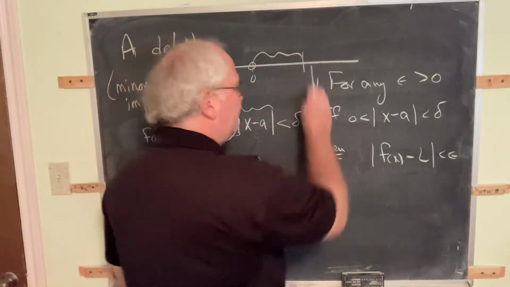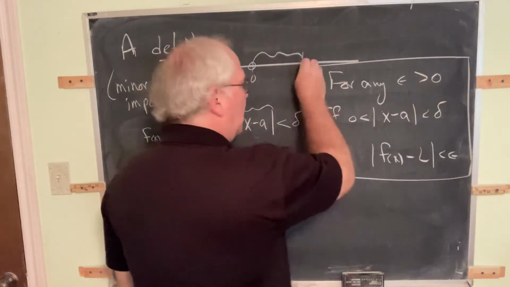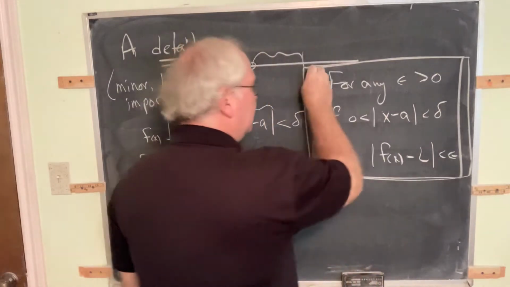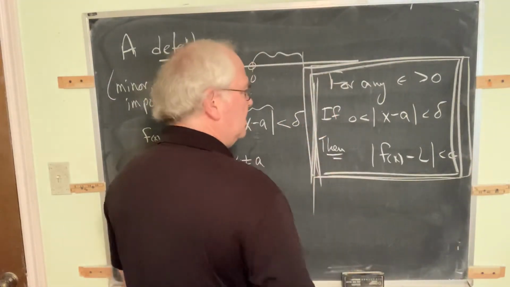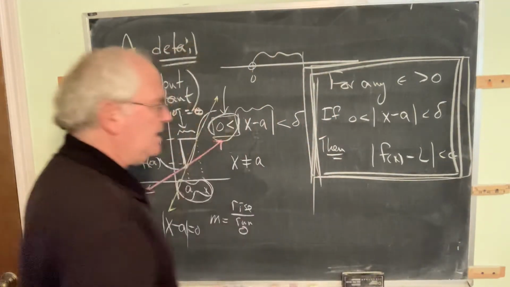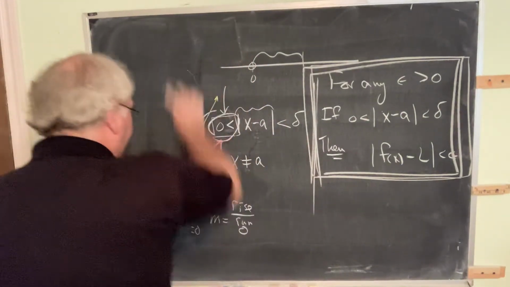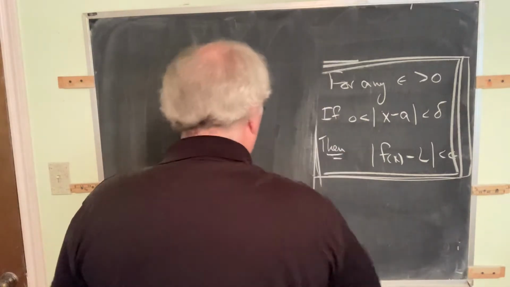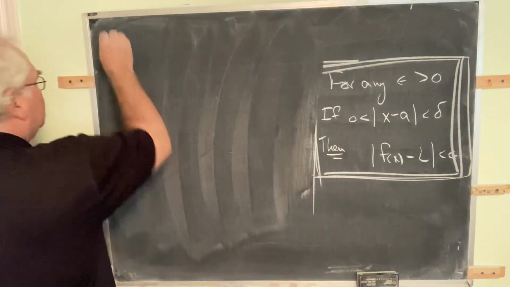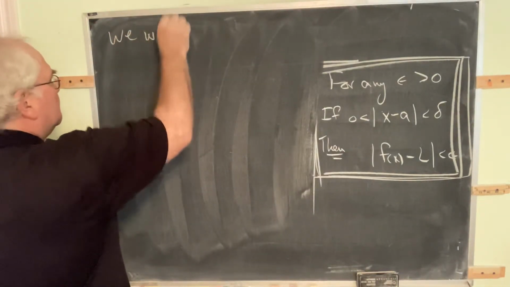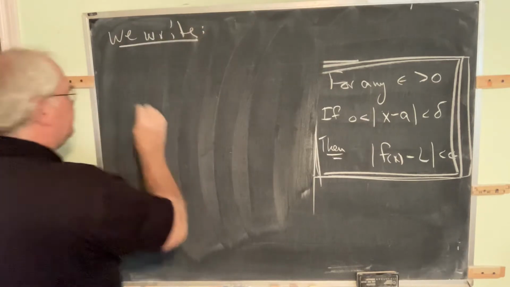This is the official definition of a limit. This is the definition of a limit. And that's what we're going to be going with from here. And so let's put all this together into the official statement now. We write the following.